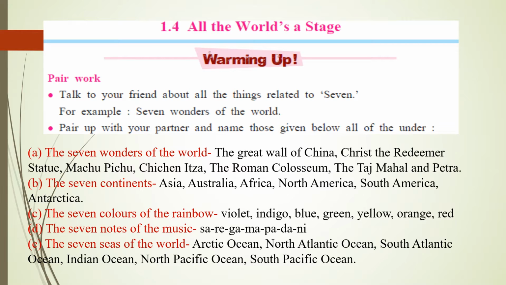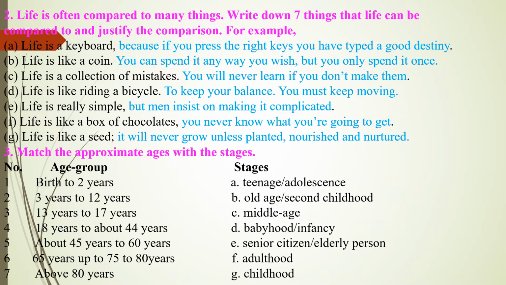Then seven seas of the world: Arctic Ocean, North Atlantic Ocean, South Atlantic Ocean, Indian Ocean, North Pacific Ocean, South Pacific Ocean. So what is the intention behind this warming up? So that you will come to know that certain things are there which come under a group, because in this poem we are going to learn about the same thing about our life, the cycle of our life.